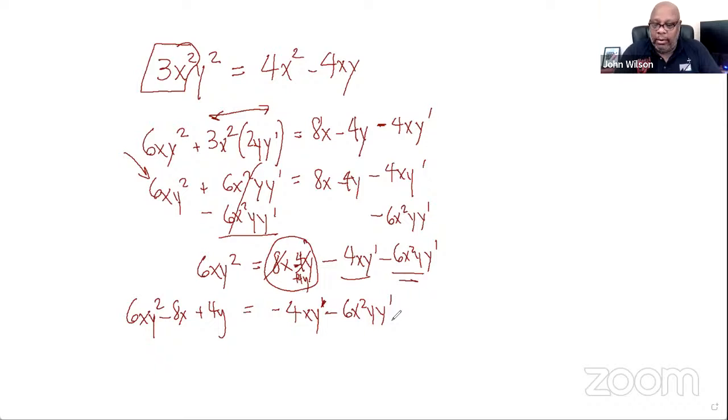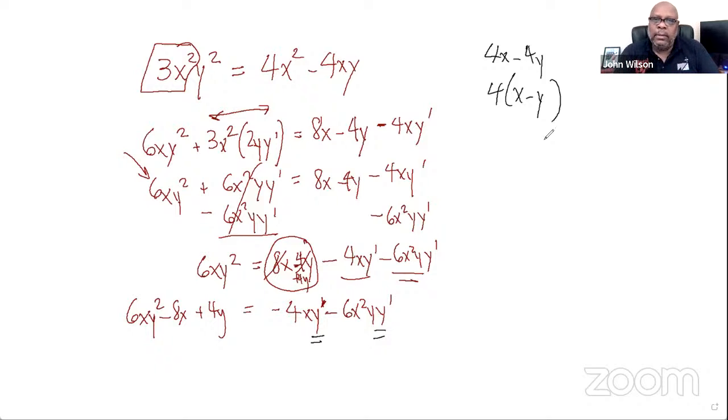All we have to do now is realize, let me change color here, that there's a common term in both of these terms. The common term is y prime. So what we should do is factor out the y prime. Remember factoring, everybody? When you had 4x minus 4y, you could do this, right?